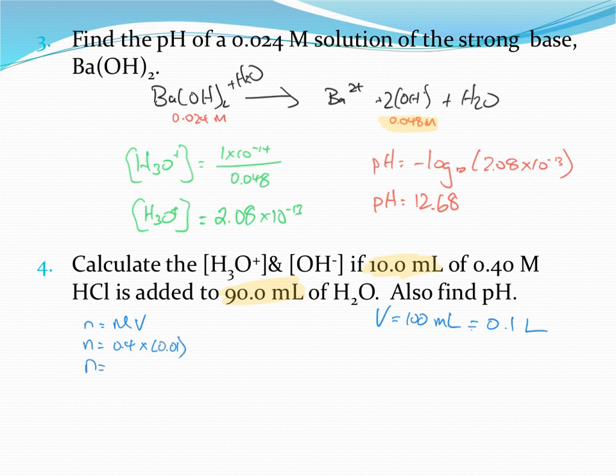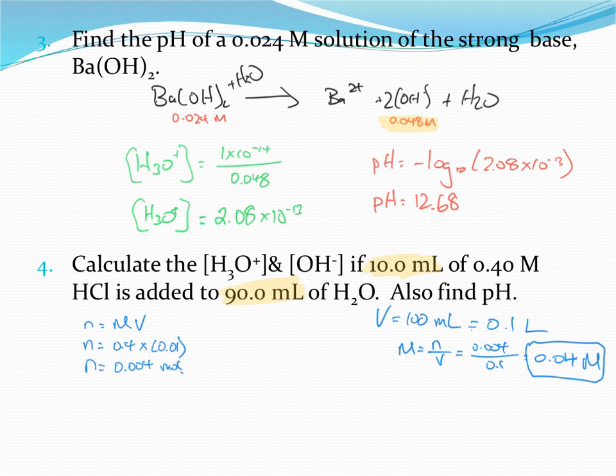So the number of moles is going to be 0.004 moles. And then we can use the molarity equals n over V. So we have 0.004 divided by 0.1, which is going to be 0.04 moles per liter. So that is the concentration of the hydrochloric acid.